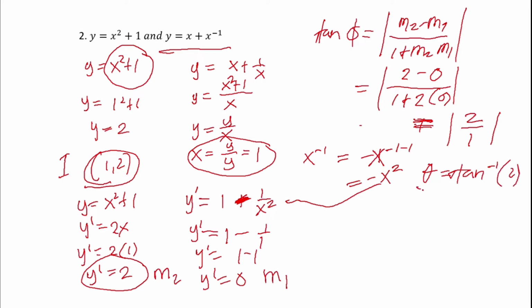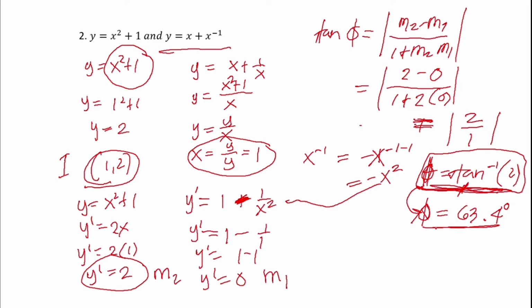So the answer is phi is equal to the inverse tangent of 2, which you can also have as 63.4 degrees. So you can have this final answer as inverse tangent, but if we need to find the angle, that is 63.4 degrees. This is for tangent, and this is for angle.